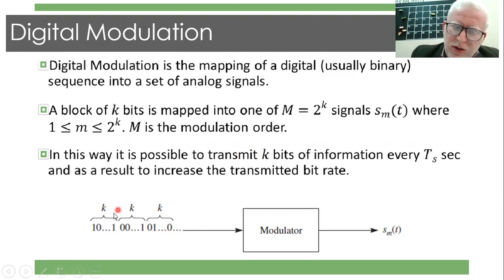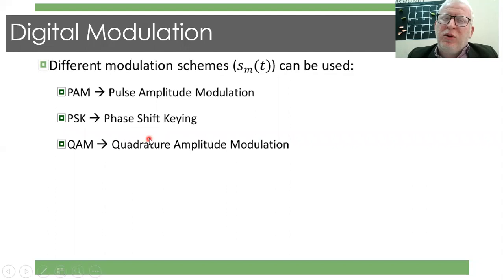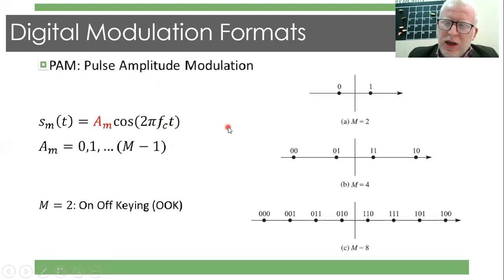So herein you have M bits inside each symbol. Accordingly, we have different types of digital modulation techniques, such as pulse amplitude modulation, phase shift keying techniques, and also the most famous quadrature amplitude modulation, or the coherent techniques.